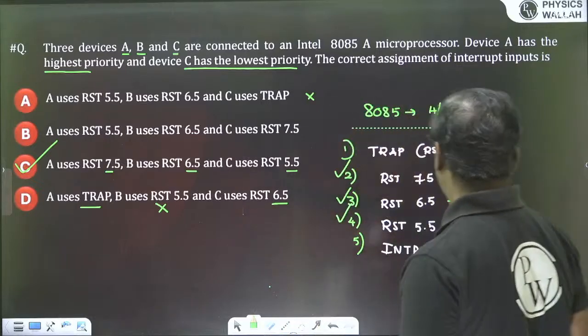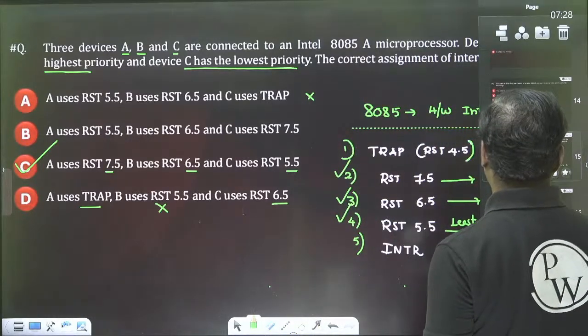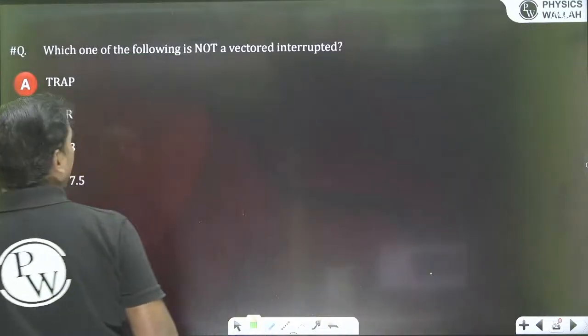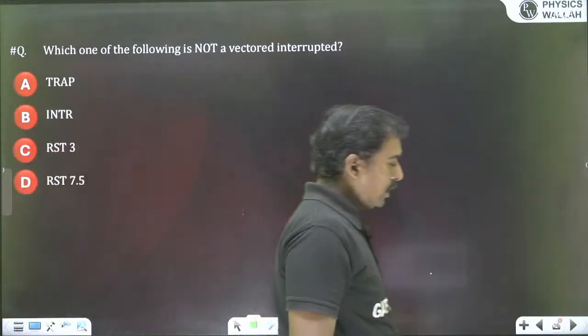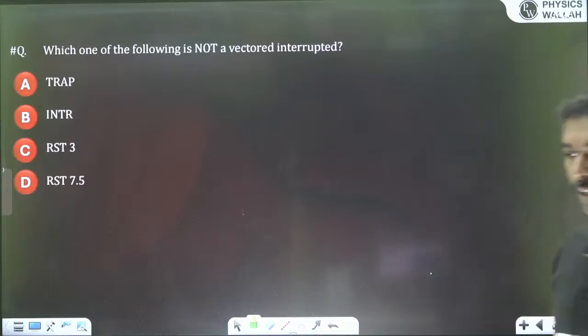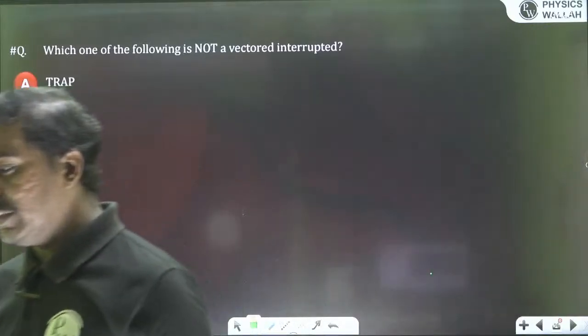Okay, let us go for the next question. Which of the following is not a vectored interrupt? Which of the following is not a vectored interrupt, my dear? Try to answer this question.